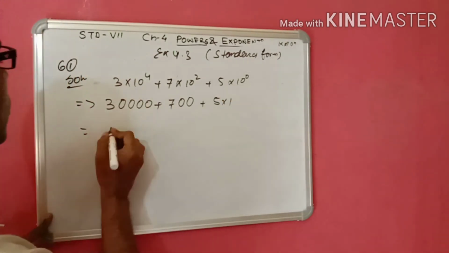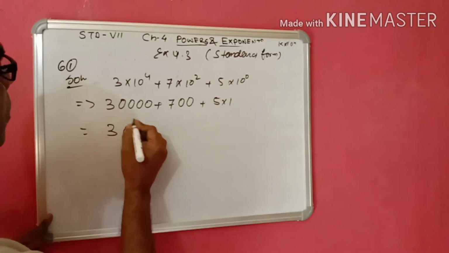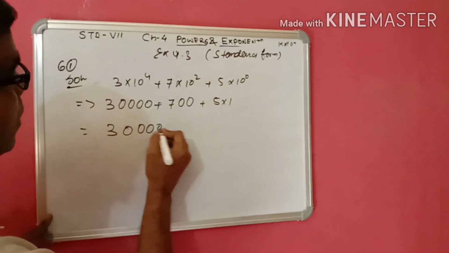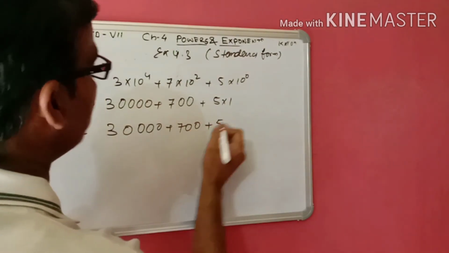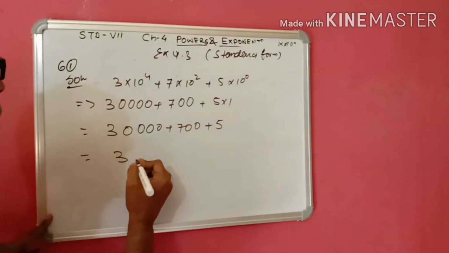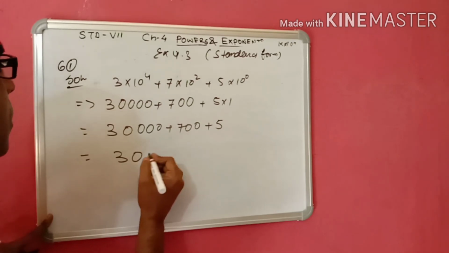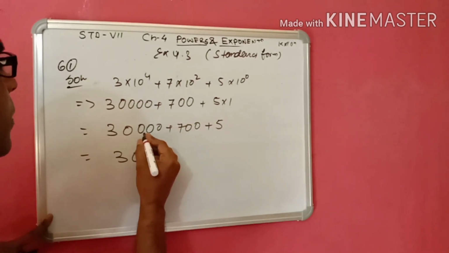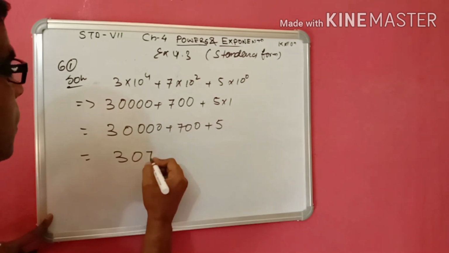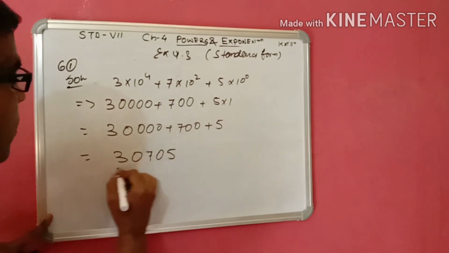So I can write 30,000 plus 700 plus 5, which is 30,705.